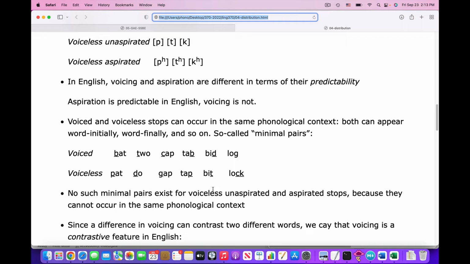They can't both appear word initially because the unaspirated stops are banned there. Therefore, we can't get a contrast in word initial position between these two. They can't both appear word finally because the aspirated stop doesn't appear there, although it may appear as a variant, and we'll talk about what it means to be a variant in just a second.